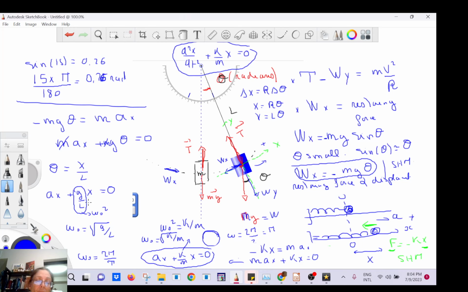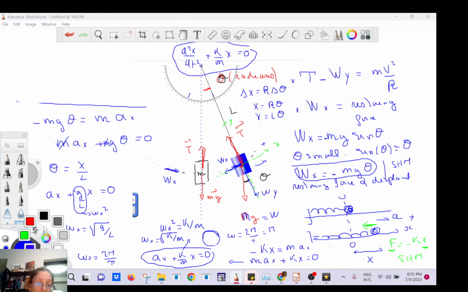Okay, so sometimes in that case, for the pendulum, you want to stay in the angular form. So I'm going to say acceleration plus g theta equals 0.